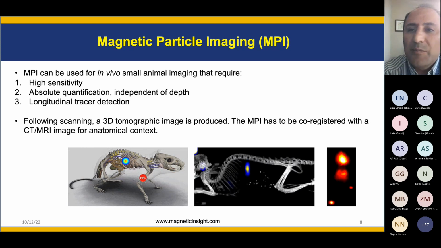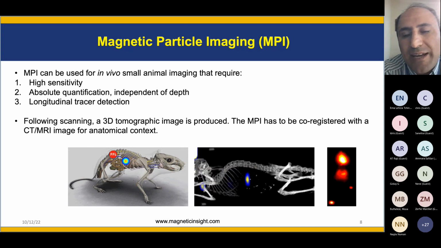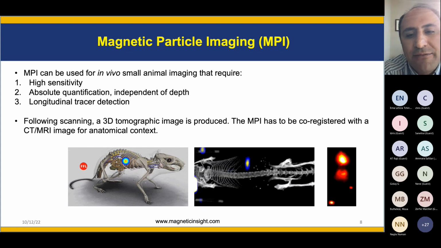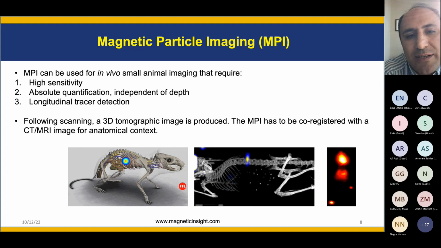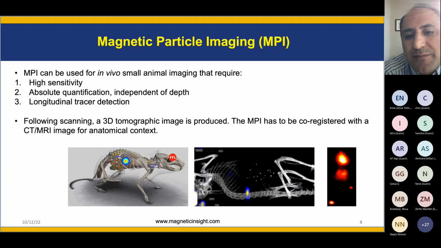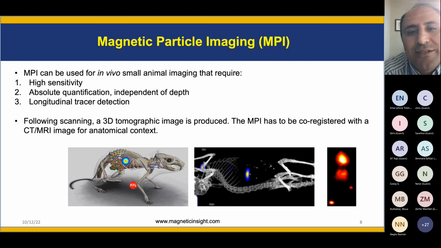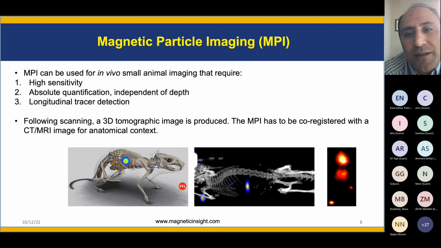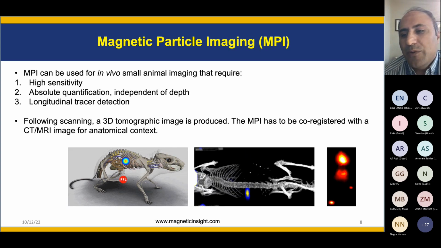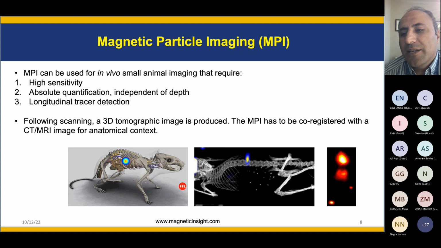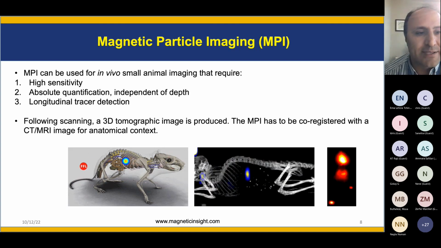As you know, with MRI we cannot do quantification because of the magnetic susceptibility effect. When we have a high concentration of magnetic nanoparticles, we get some kind of saturation and we cannot do any quantification. But MPI is a good method to do quantification and estimate how many nanoparticles are accumulating in the brain or in the liver or lung or somewhere else.